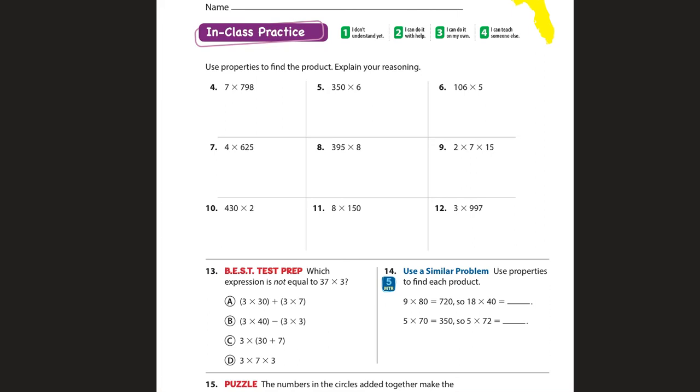If you want to use a standard algorithm, like you want to say 997 times 3, and you want to solve, that's perfectly fine as well. On number 9, there is one thing we need to be careful about because we're not learning this until Unit 3. If you decide to multiply 2 times 7 first and you get 14, then you're left with 14 times 15.